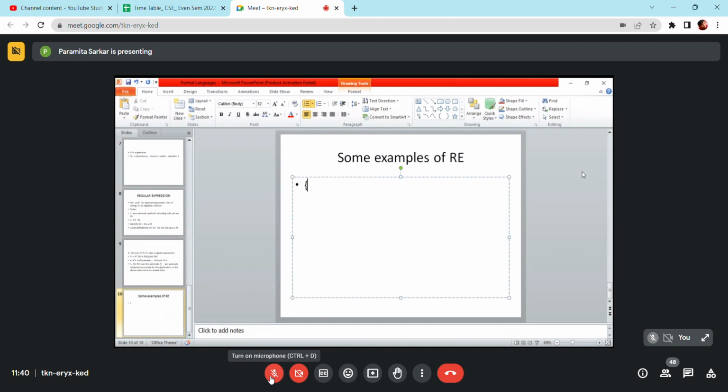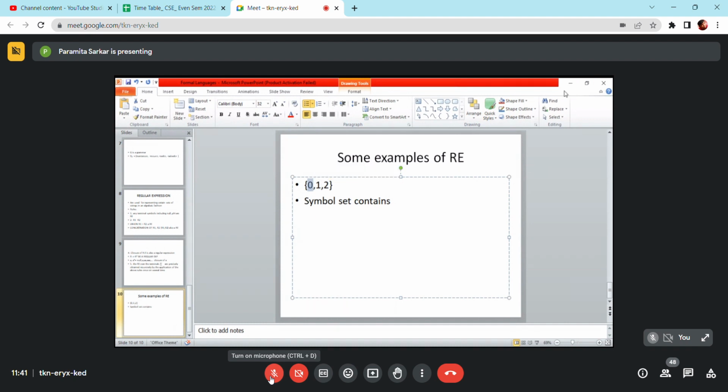If I write 0, 1, 2 in this set, now we have a set consisting of 0, 1, 2. Now what are the symbols this set contains? 0, 1, and 2.